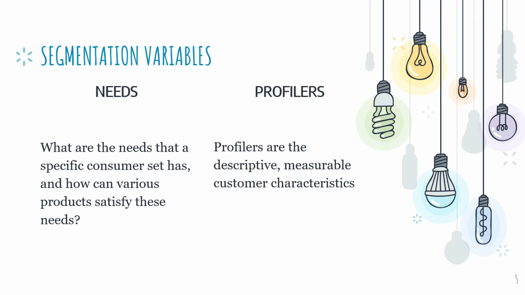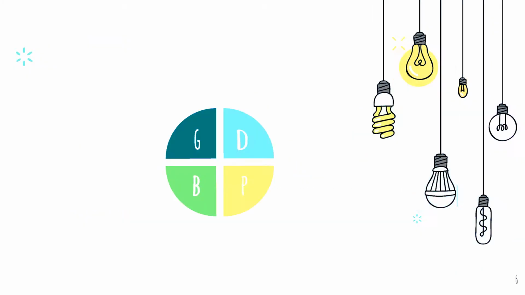Profilers are the descriptive measurable customer characteristics that you need to take into account. Typically, the segments can be identified by considering demographic, psychographic, geographic, and behavioral differences. In this video, we will analyze all of these types in detail.